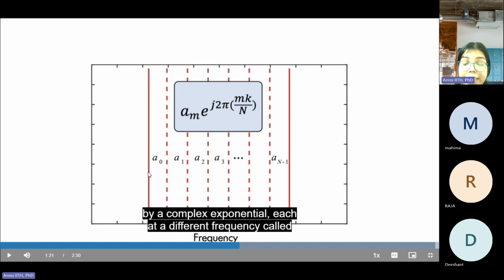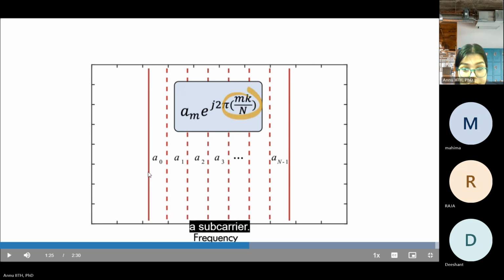Mathematically, this means that we just multiply the symbols with e to the power j 2 pi nk by N. This formula is nothing but the IFFT or IDFT. So we'll see how the IDFT works, where each symbol is multiplied by a different frequency called a subcarrier.